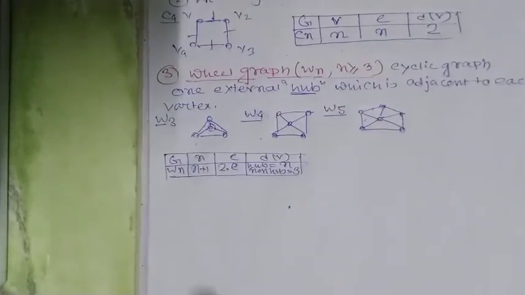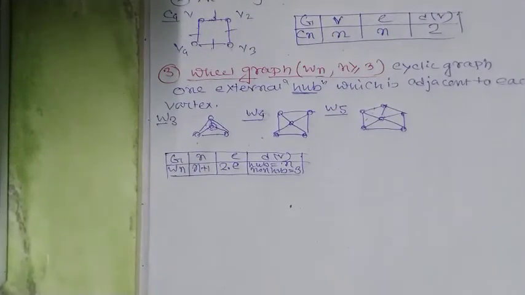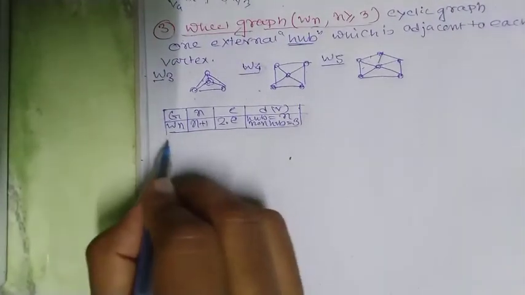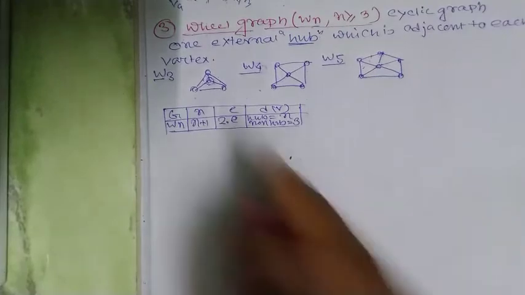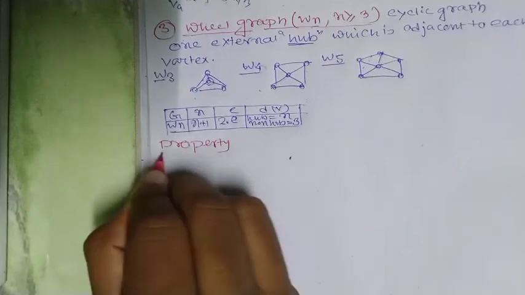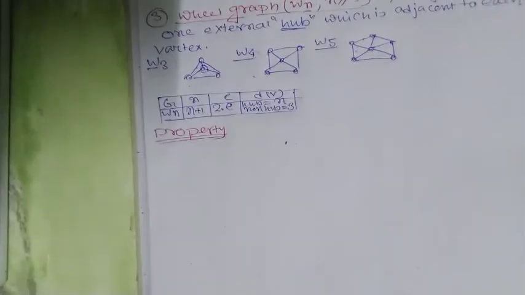Now we'll see some good results. Okay, this is not really a result, you can say it is a property. Some properties of graphs. So I'm just writing it.